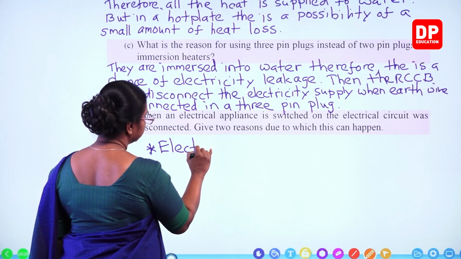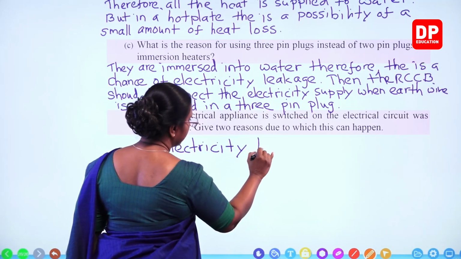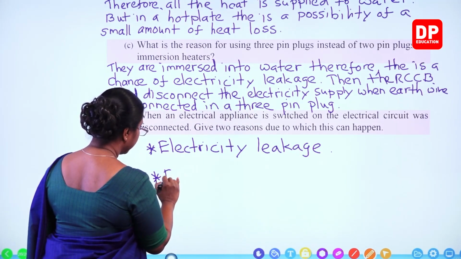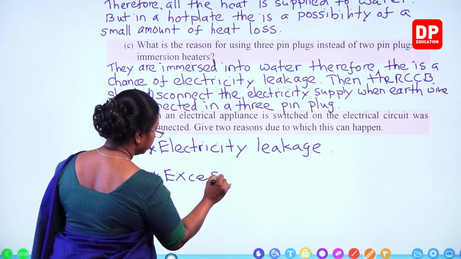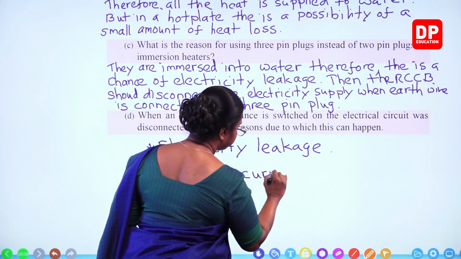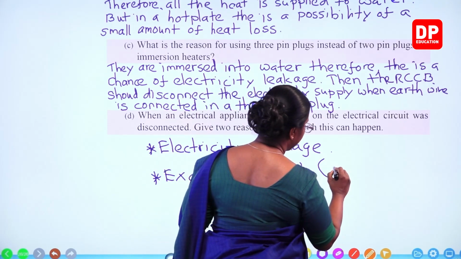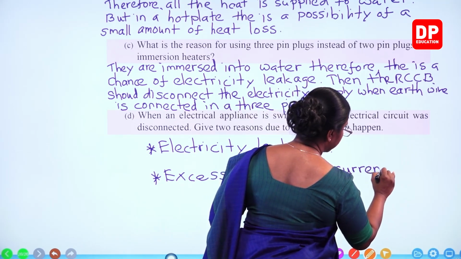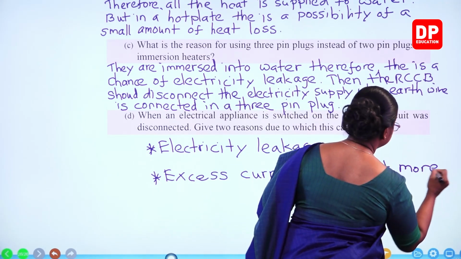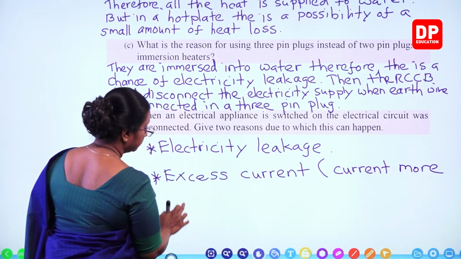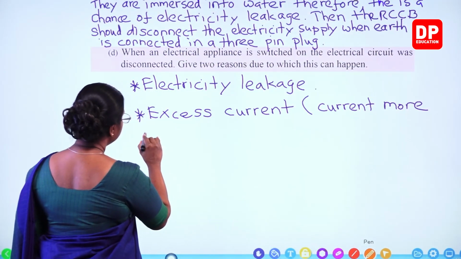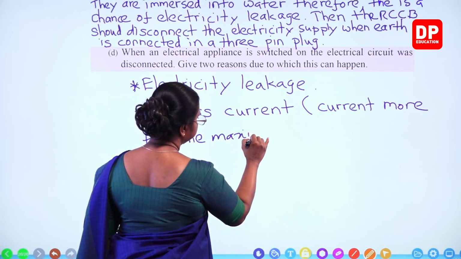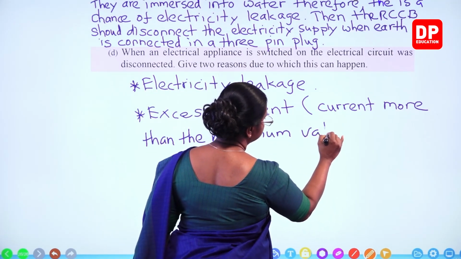Electricity leakage, or you can say excess current, or in other words we can say current more than the maximum value.